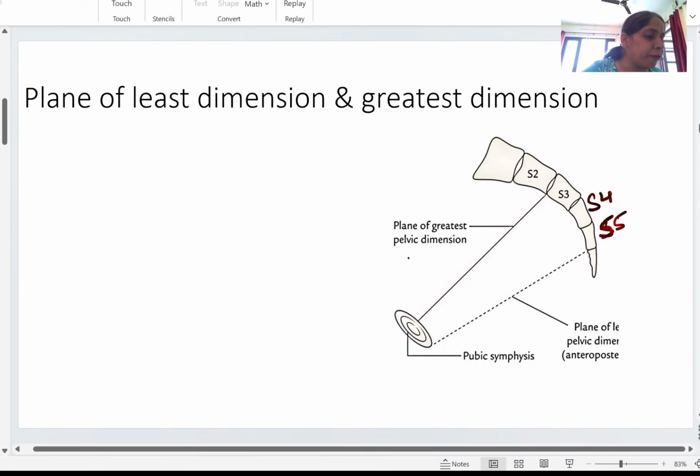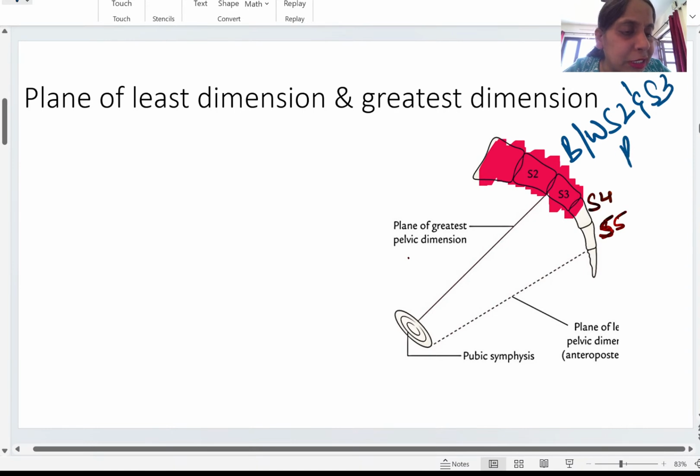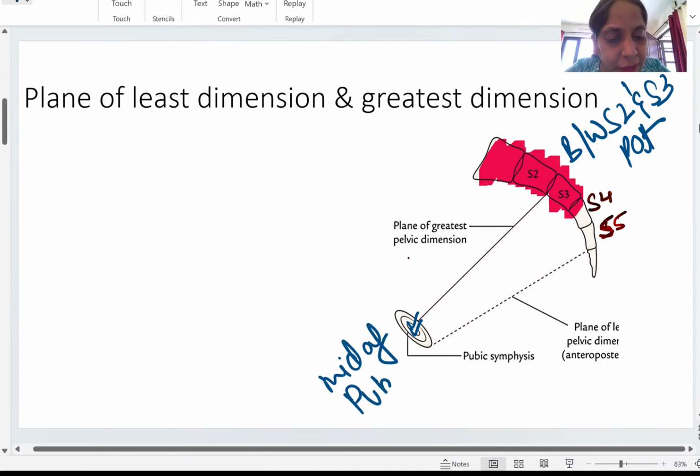Just below the plane of inlet is the plane of greatest dimension, between S2 and S3 posteriorly, and anteriorly it is the mid of the pubic symphysis.